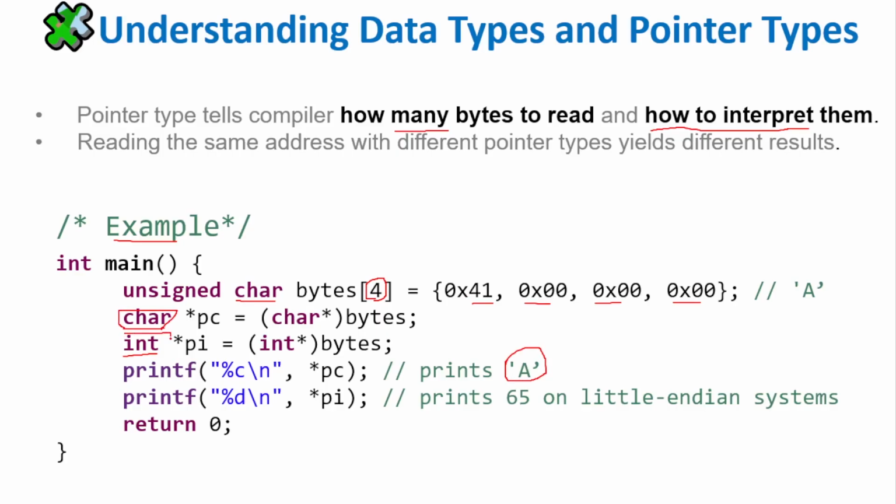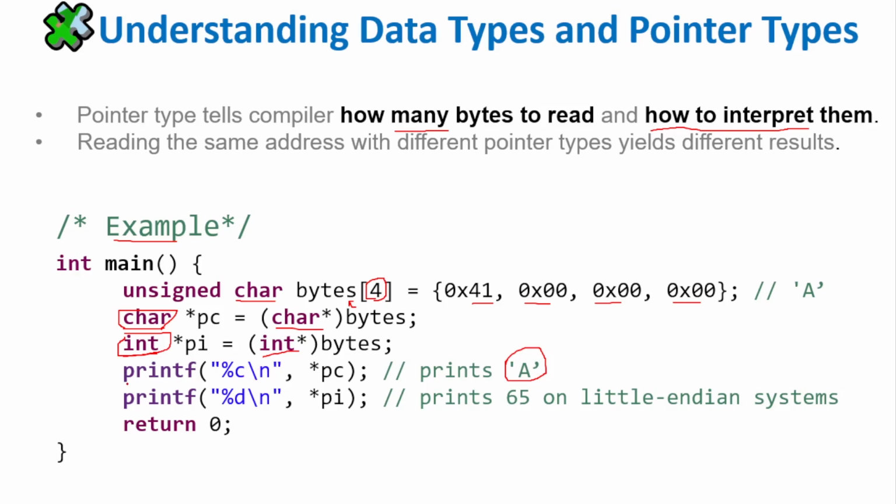By casting both pointers to point to the same memory location occupied by the byte array, although both pointers reference the same address, they interpret the data differently.